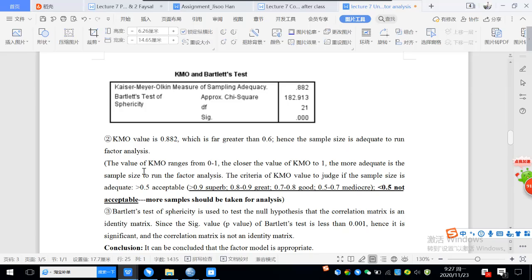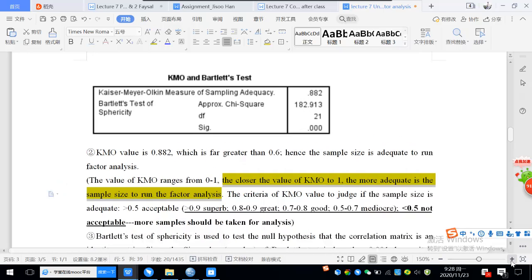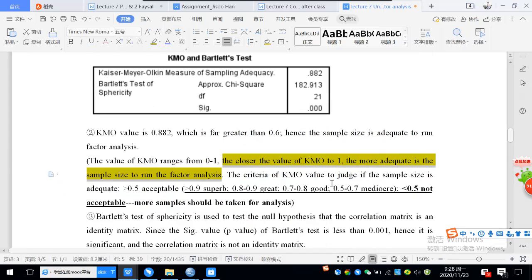The value of KMO ranges from 0 to 1. The closer the value of KMO is to 1, the more adequate the sample size is to run the factor analysis. And the criteria of KMO value to judge if the sample size is adequate: 0.5 means it can be accepted.